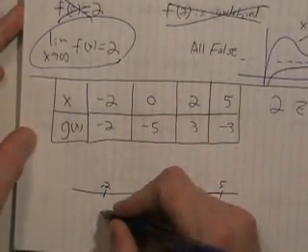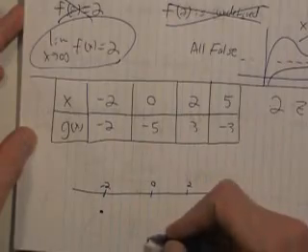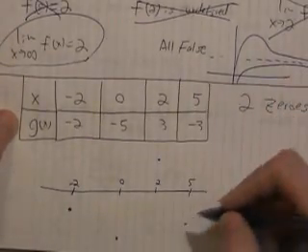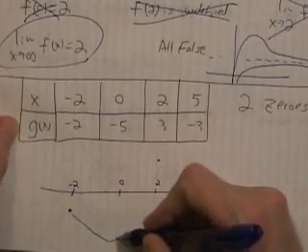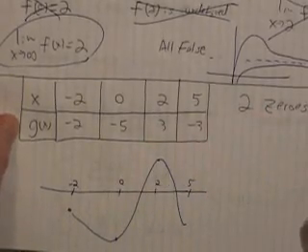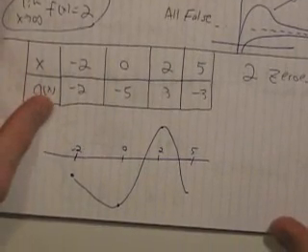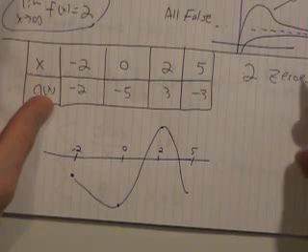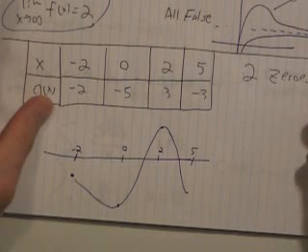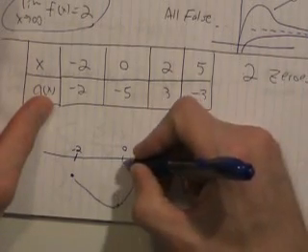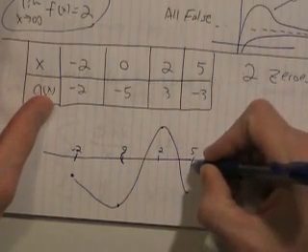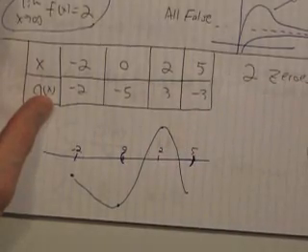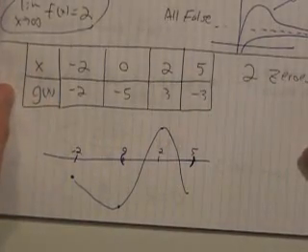The values: it's minus 2 here, minus 5 here, g of 2 is 3, and g of 3 is minus 3. So the function has to look something like this. g of x is going to be something like that. It had to have 2 zeros. I forget what the answer choices were, but it was anything that contained 0 and 5.